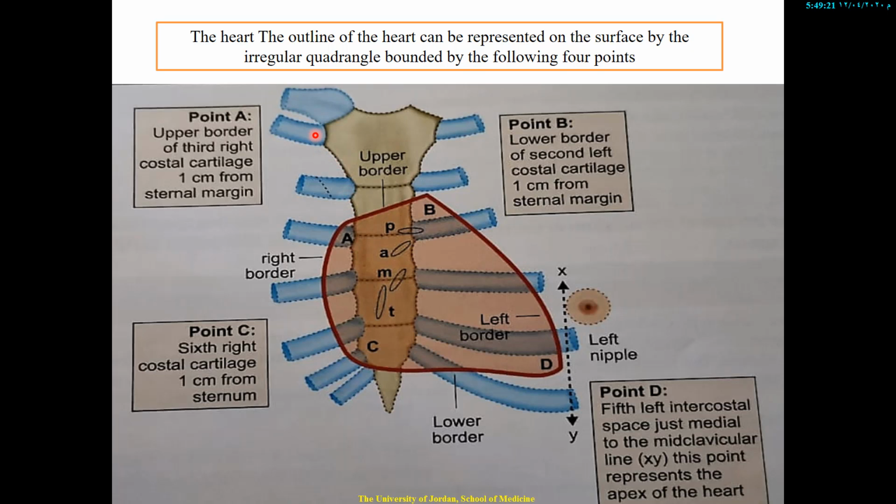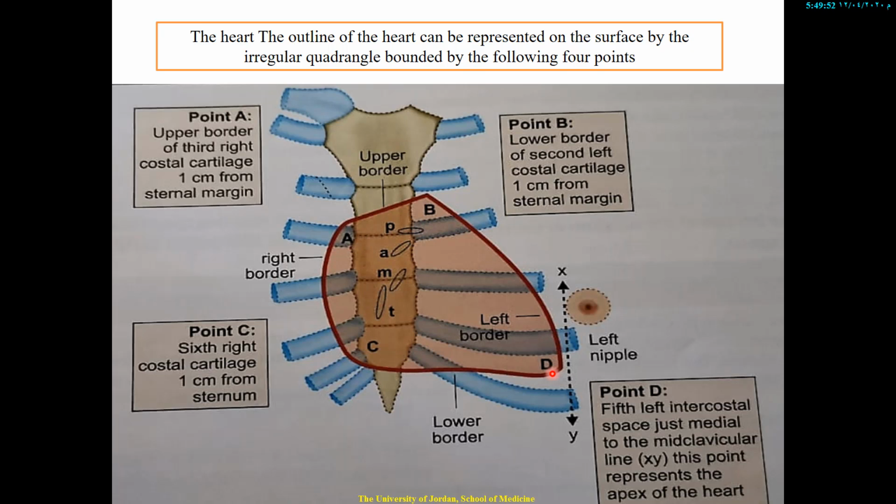This is costal cartilage number 1, 2, 3, 4, 5, 6, and point C is the sixth right costal cartilage, also 1 centimeter from the sternum. Now we draw a line that connects A with C, and this border bulges to the right a bit.